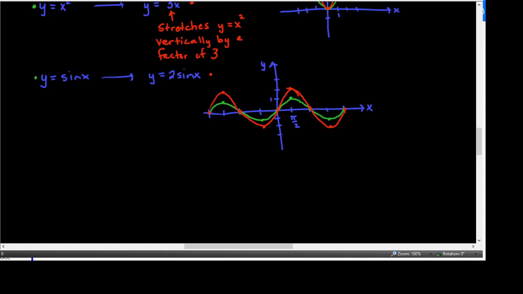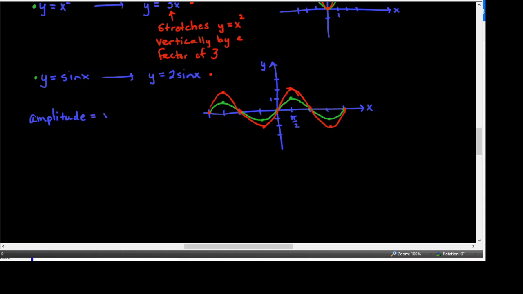Amplitude. I want to define that word. Sinusoids have amplitude. The other ones don't have amplitude, but sine and cosine will have amplitude. And my definition of amplitude is the following.